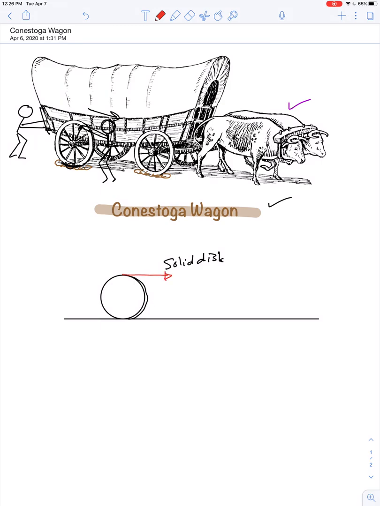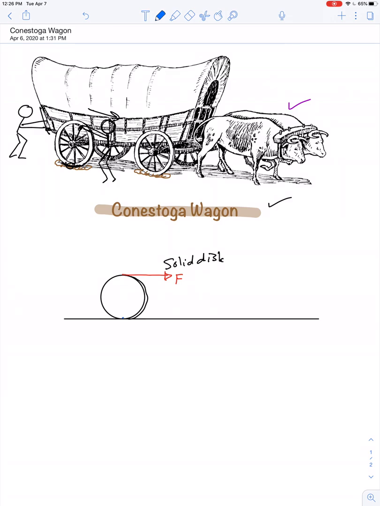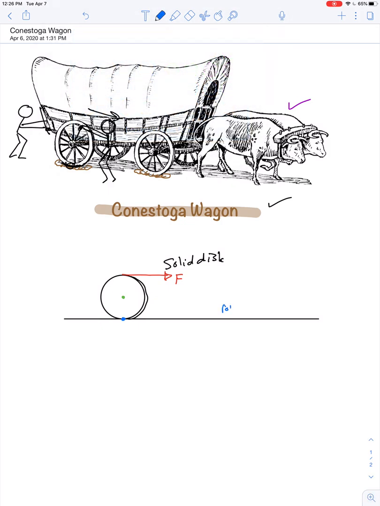And we'll just label our applied force as capital F. So there are a couple different spots that you could think of as the axis of rotation. So there's the point where our disc makes contact with the ground, and then there's another point at the center of mass. We know if this rolls without slipping, when rolling without slipping occurs, then the instantaneous velocity at the contact point is equal to 0.